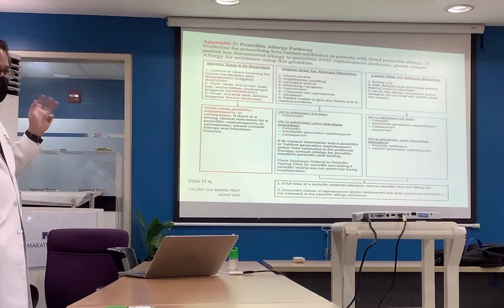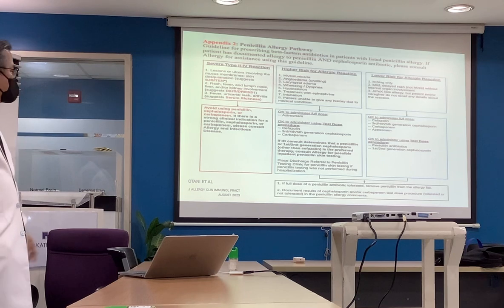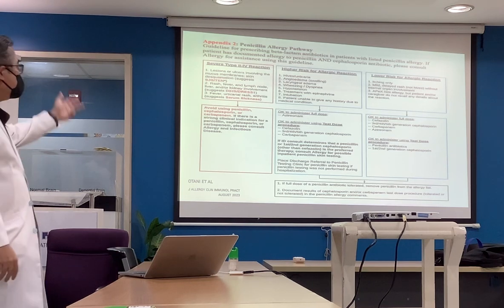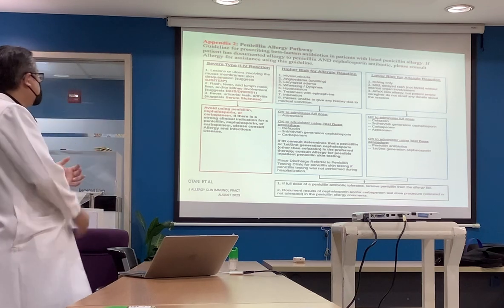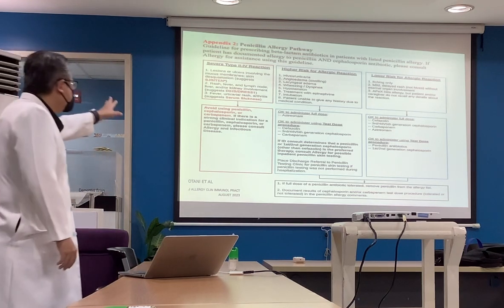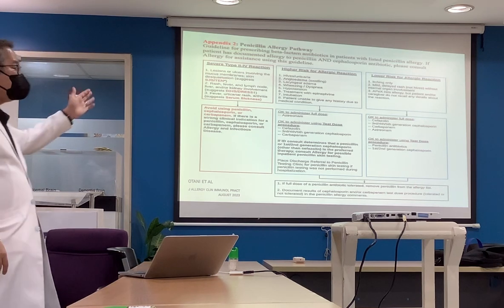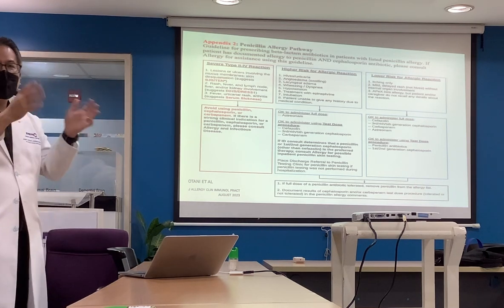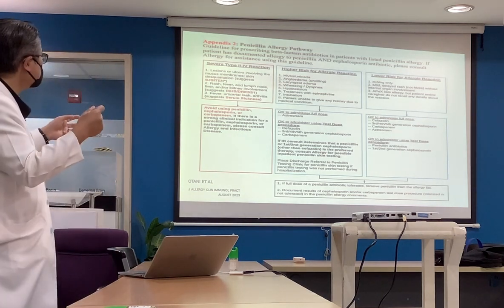So that suggests SJS or TEN. Or fever, urticaria, rash, and arthritis, which suggests serum sickness. Avoid using penicillin and cephalosporins or carbapenem. Bakit? Kasi yung carbapenem meron 13 to 40% cross-reactivity sa penicillin.